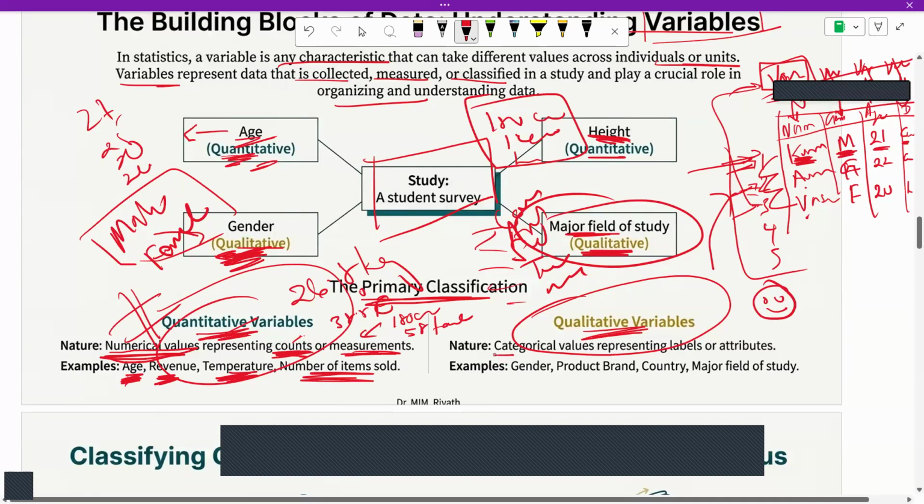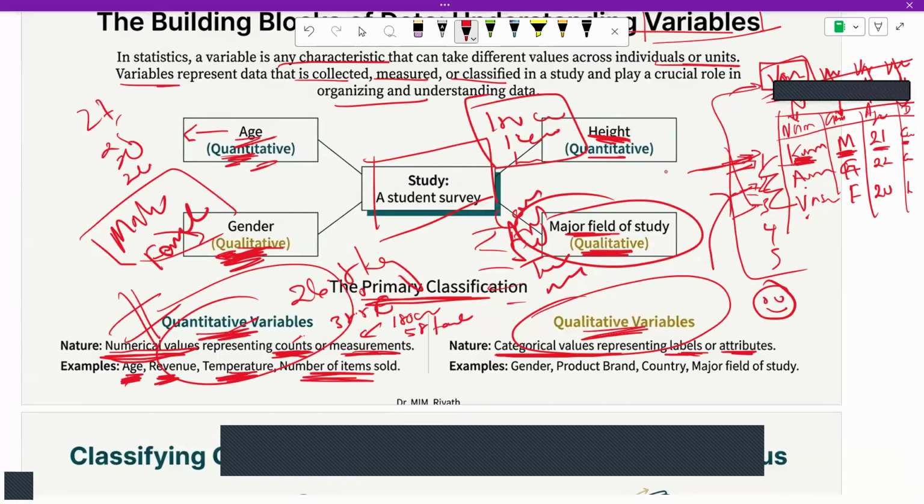Qualitative variables have categorical values, representing labels or attributes. For the label, in observation 1 we put a label, Kumar. Your name is a label, right? Everybody has a name. That is a label of the human object.